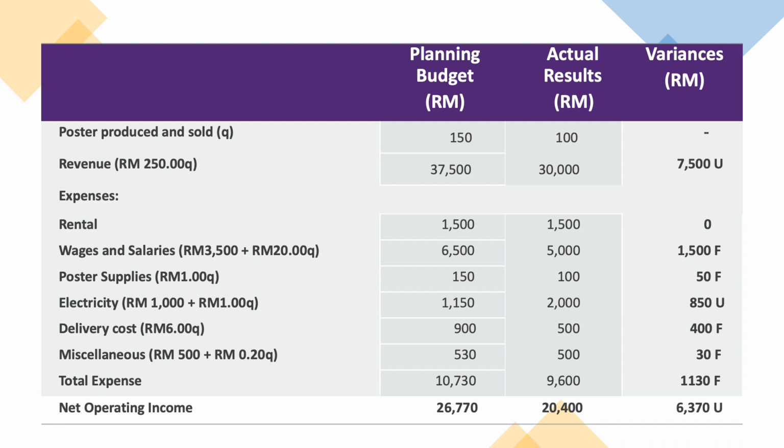If the actual cost is higher than the standard cost, you will see the unfavorable result next to it. So once you have calculated the revenue minus all the expenses, you will see how much is the net operating income for you. If the total of unfavorable is higher than favorable, which you can see in our case, then you will have the final net operating income to be unfavorable as well.